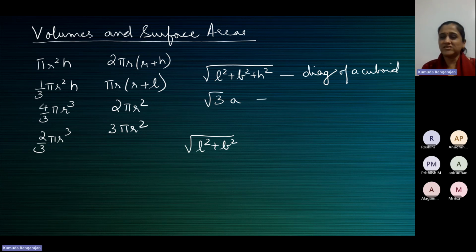No, not solid. This is a plane figure formula. Root of L squared plus B squared will help you find what, of a plane figure, not a solid? The diagonal of a rectangle.